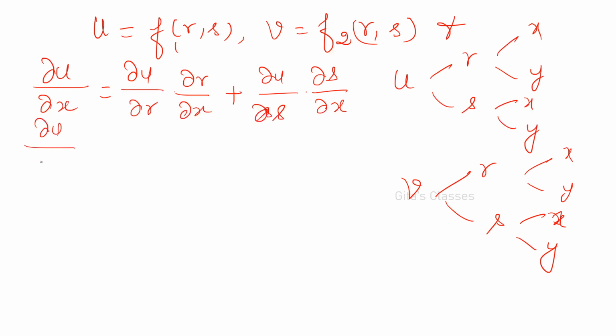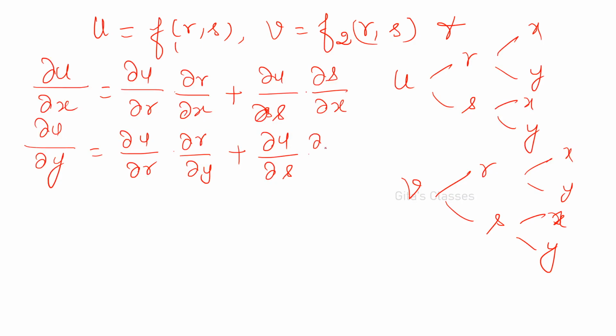Similarly, dou u by dou y, from u to y, through r and through s. So dou u by dou r into dou r by dou y plus dou u by dou s into dou s by dou y. This is the partial differentiation of u with respect to y.